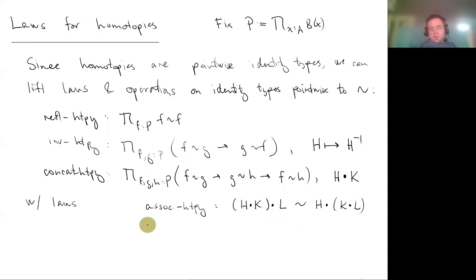And likewise with their unit laws, there are laws for inverses, inverse laws, etc. For higher dimensional laws of the laws and so on.